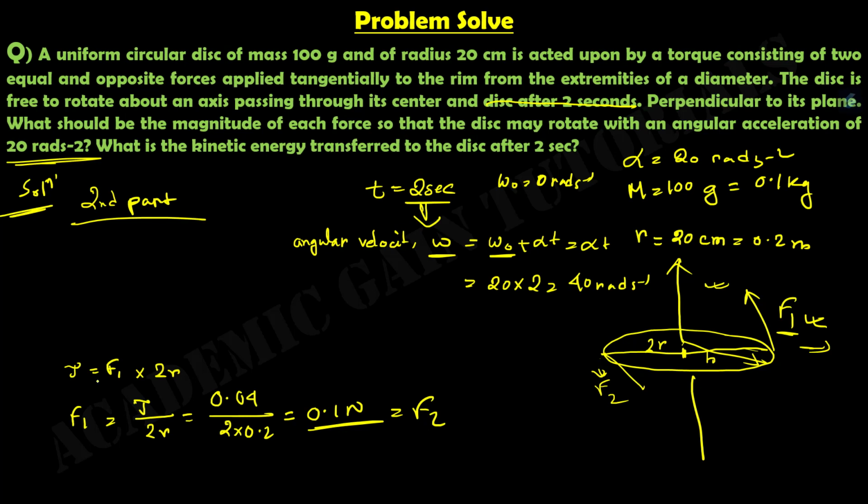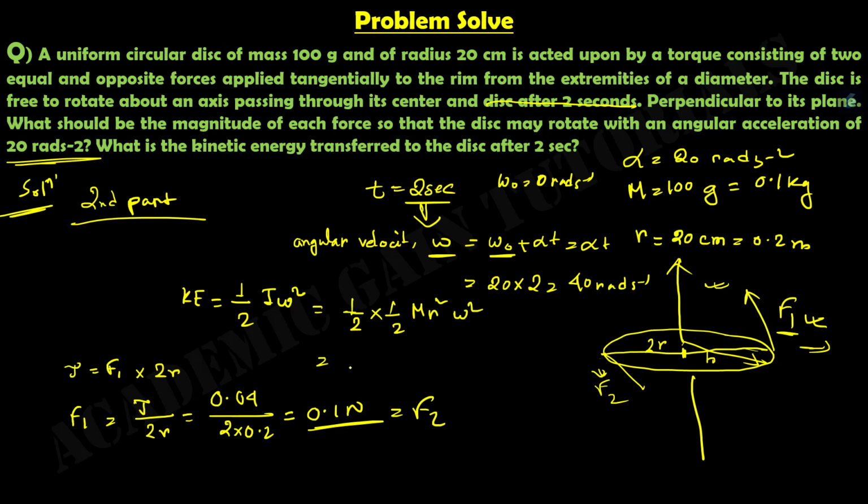Now we have to find the kinetic energy. The kinetic energy is half of I omega square. It is similar to half of m v square, where instead of m we use I, and omega instead of v. Here our I is equal to half of m r square, and omega equals 40 radian per second.